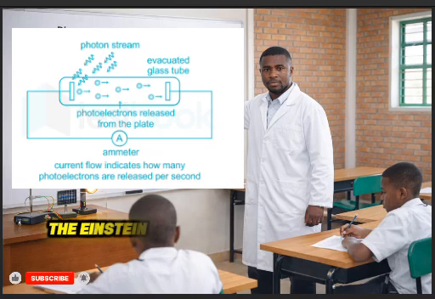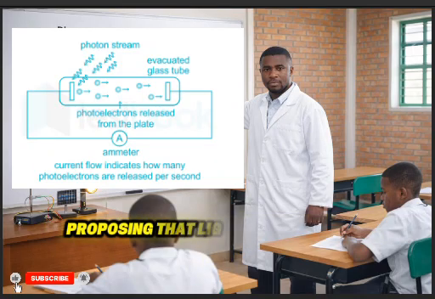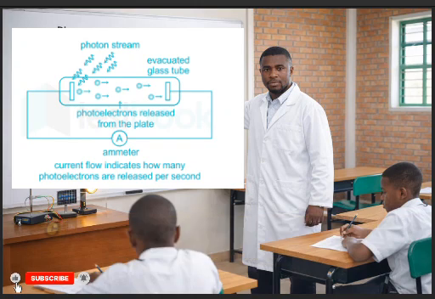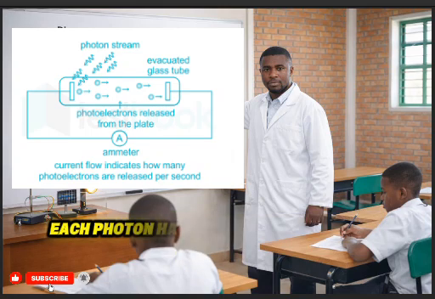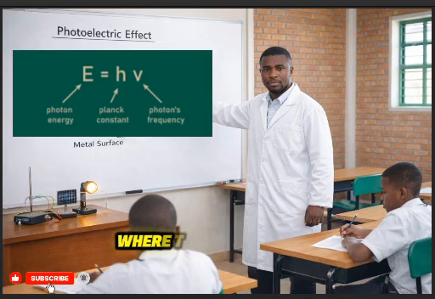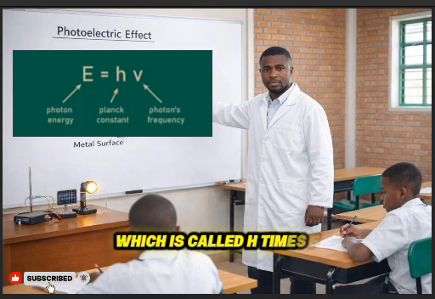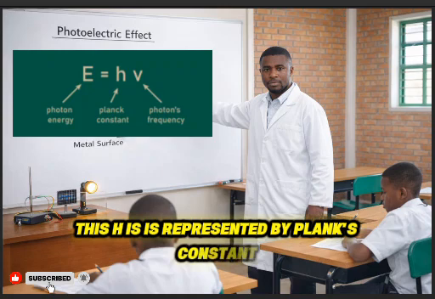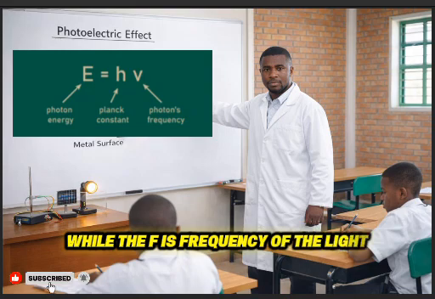Einstein explained this phenomenon by proposing that light energy is quantized and comes in packages called photons. Each photon has energy given by the equation E equals h times f, where h is Planck's constant, while f is the frequency of the light.